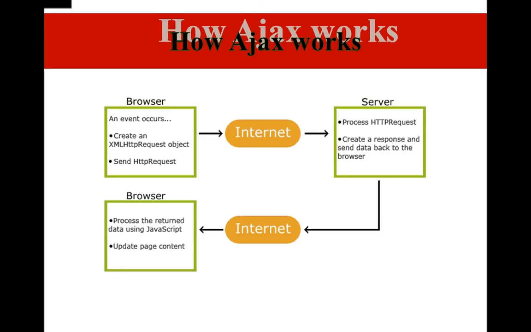That response may be a text response or an XML response. It is sent back to the browser. The browser processes the returned data using JavaScript only and updates a portion of the web page. That's how Ajax works.